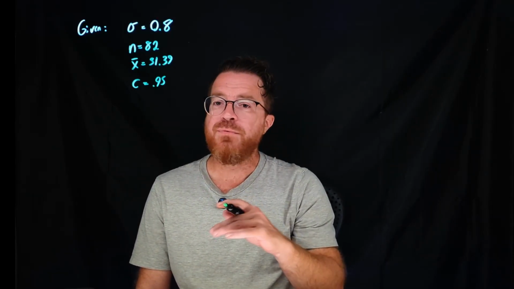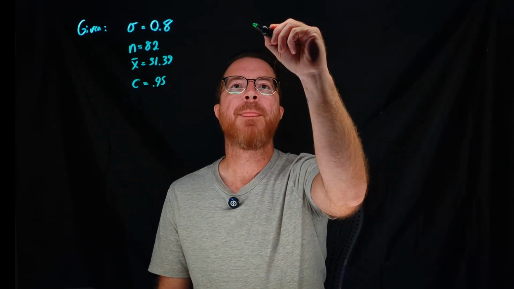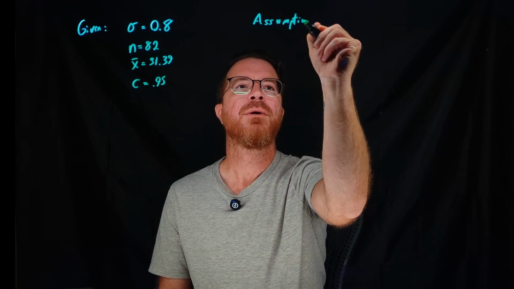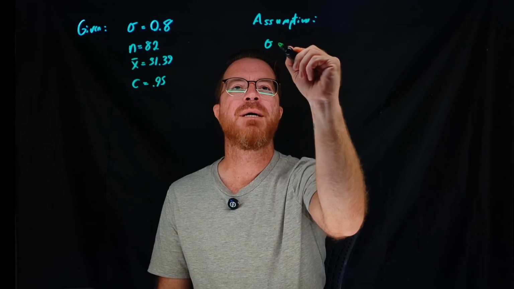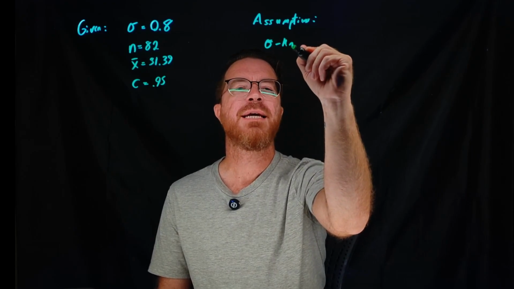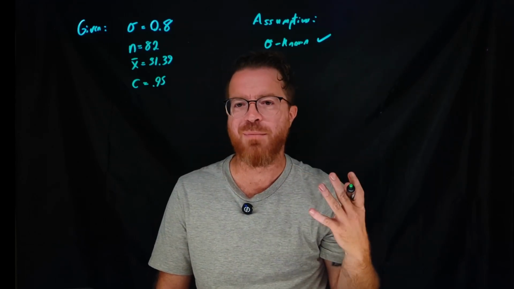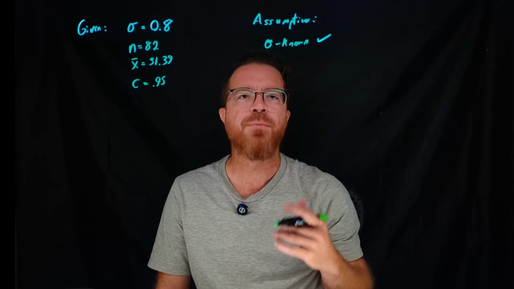Now, before we do any other parts of the problem, we're going to check our assumptions. If you remember, our assumptions are, is sigma known? In this case, yes, we do know sigma because it's part of the problem, right? We're in the part where sigma is known.